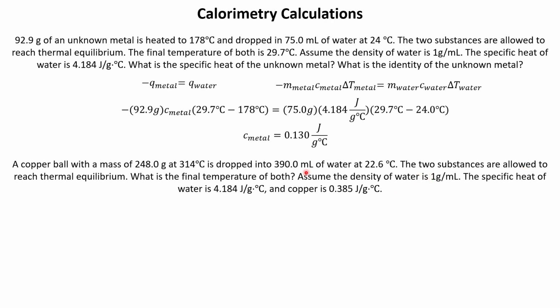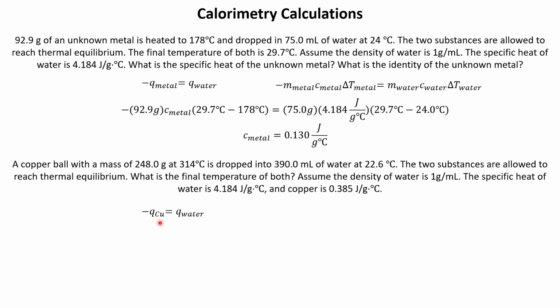Okay, so again, these two substances are allowed to reach thermal equilibrium. That means our final temperature is the same for both of them. The heat released by the copper is going to be perfectly absorbed by the water. So our Q of copper equals our Q of water, with the important addition of our negative over here.